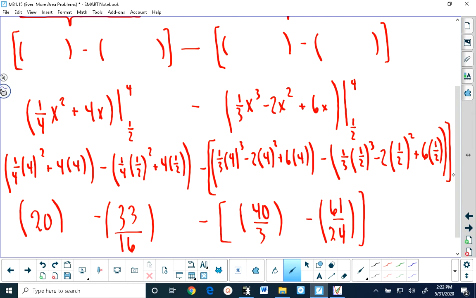All right, I edited out a lot of my calculator work, but when you calculate this, it's 20. When you calculate this, it's 33/16. This piece works out to 40/3, and this piece works out to 61/24.